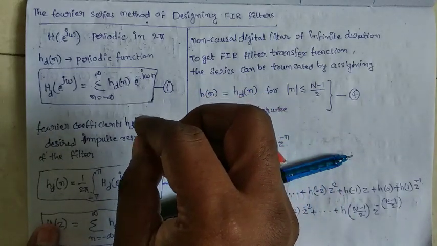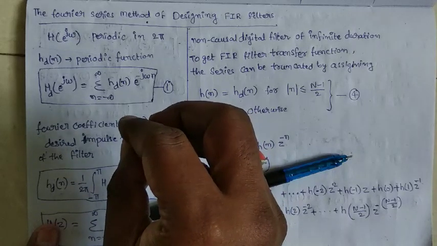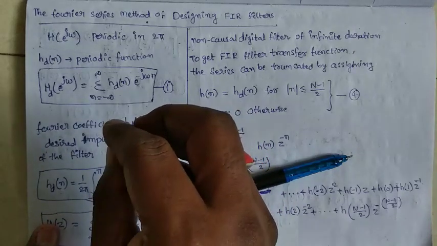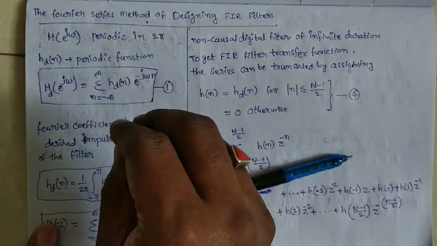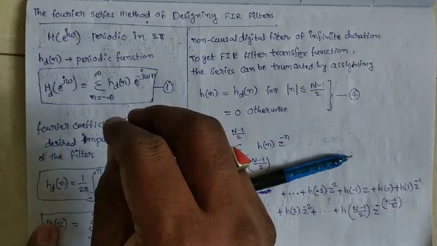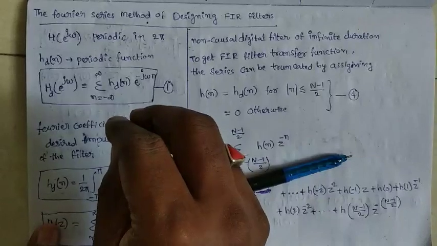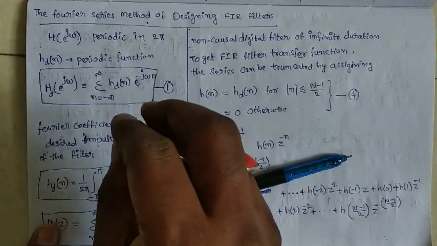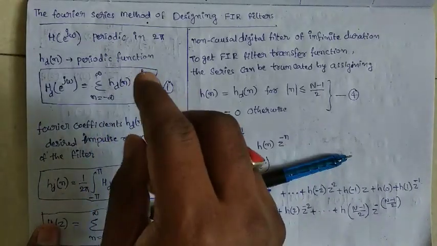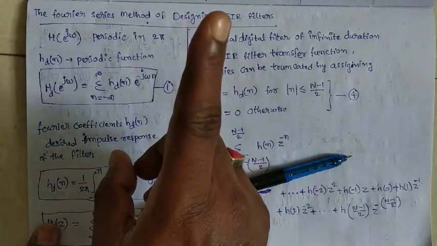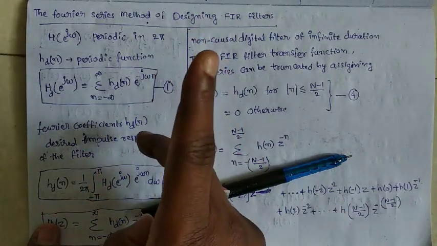In this section, we are designing FIR filters by using different methods. The following are the methods to design FIR filters. The first method is the Fourier series method.